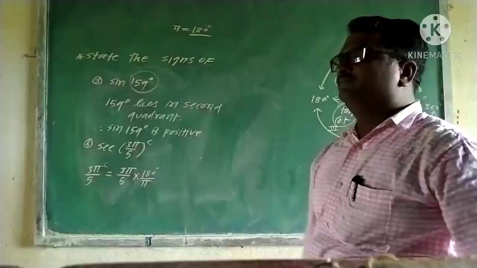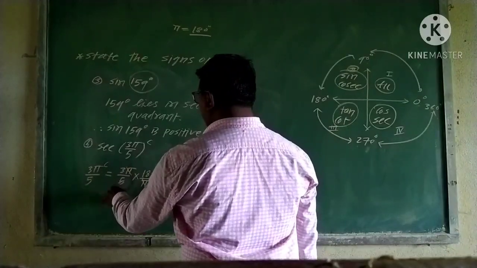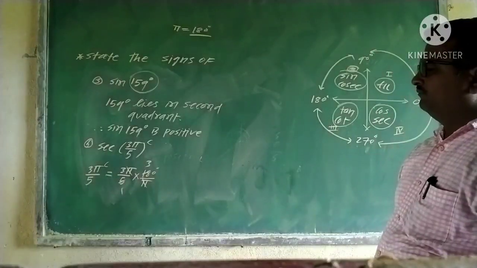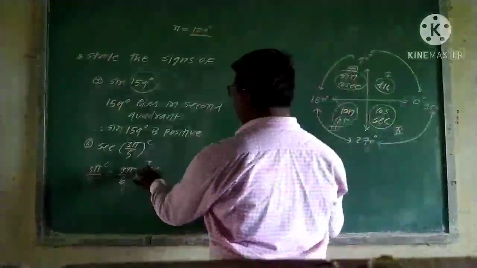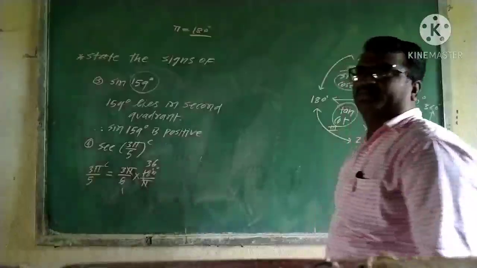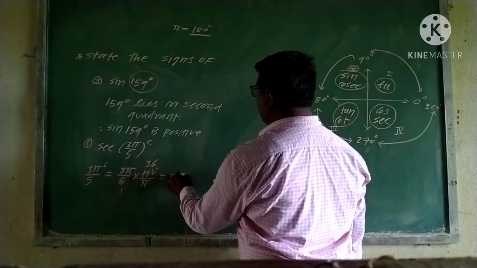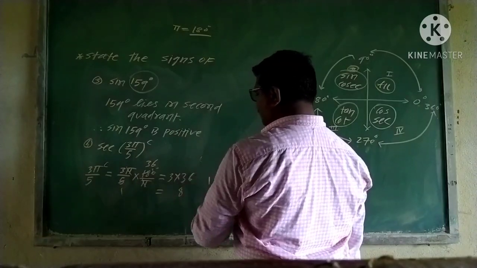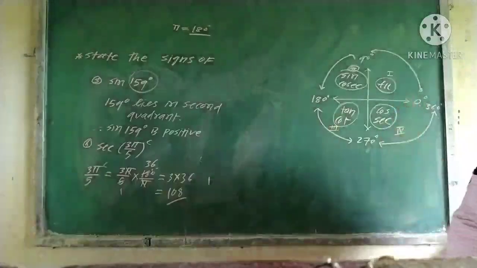Pi gets cancelled; 5 times 3 is 15... 5 sixes are 30, remaining 3, 5 sixes are 60. So this angle is equal to 3 multiplied by 36, which is 108.